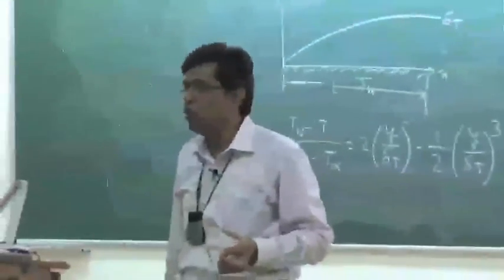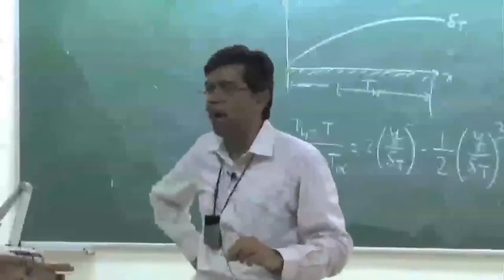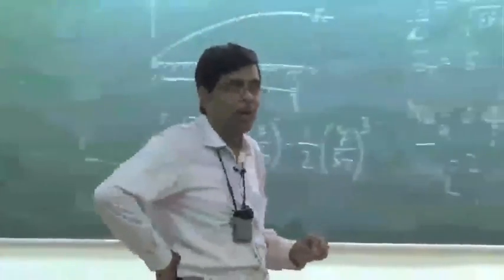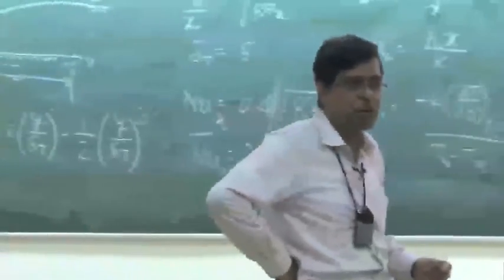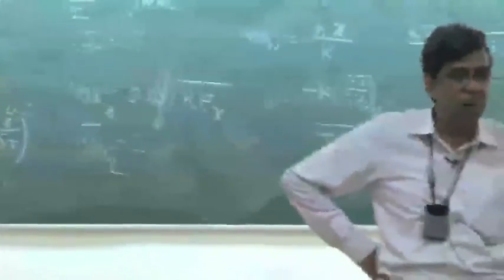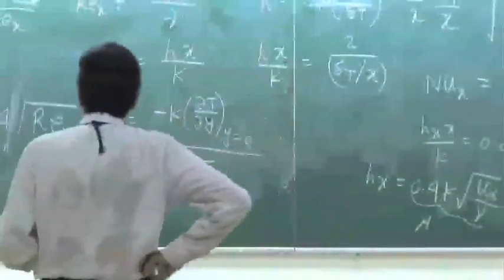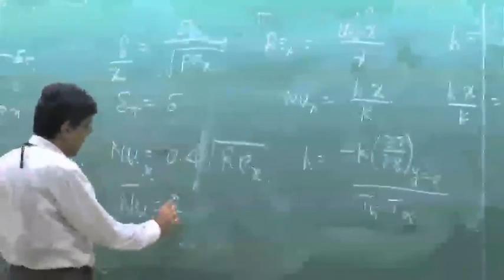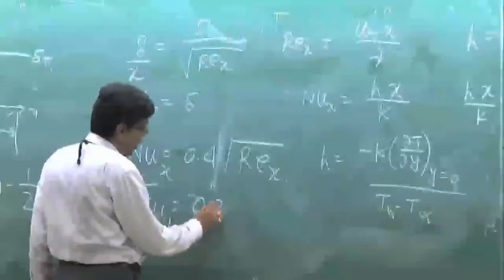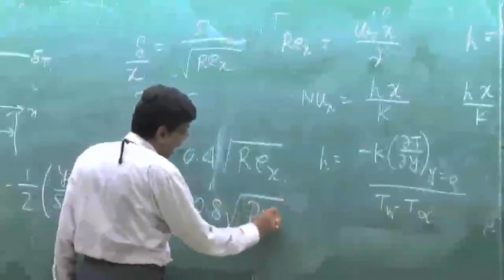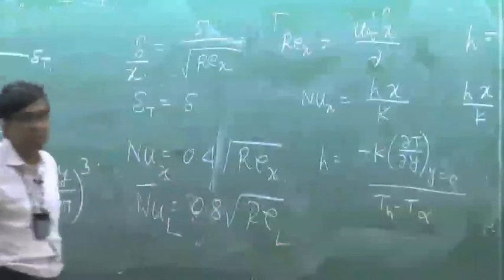You can make a thumb rule: if it is x to the power minus 1 upon n, it becomes n plus 1 times the local heat transfer coefficient, and when it is x to the power minus half, it means twice the local heat transfer coefficient. That means the average Nusselt number over a length L will be 0.8 into root over Re based on L.